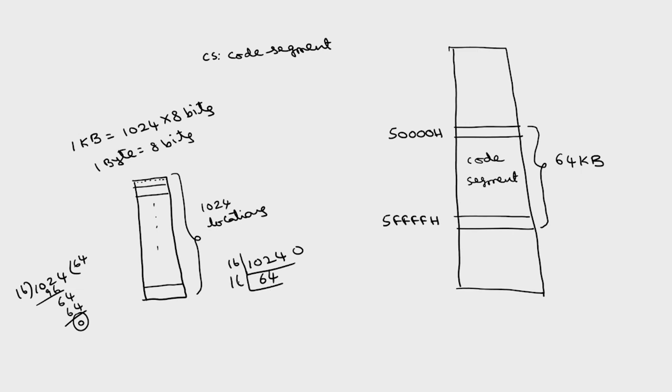Then 4 by 16: 16 times 0 is 0, remainder is 4. So you have to stop here.